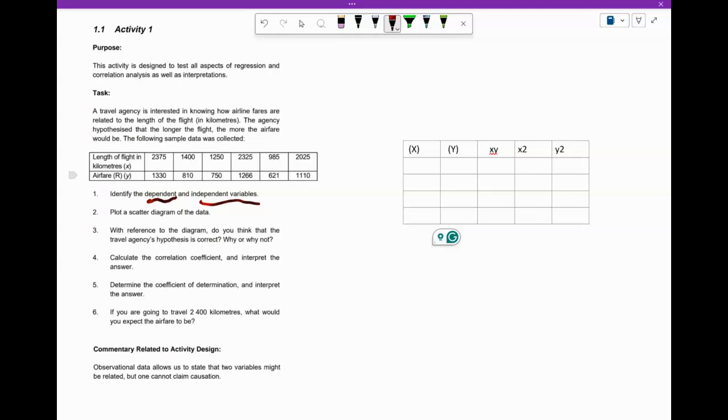If I'm just going to Swaziland, they'll just charge me 1,000. But if I'm going all the way to the UK, chances are they'll charge me more than that because it's a further distance. Okay? So already with this first one, we know our dependent has got to be your airfare or the cost of your flight, and then the independent is obviously then your kilometers.